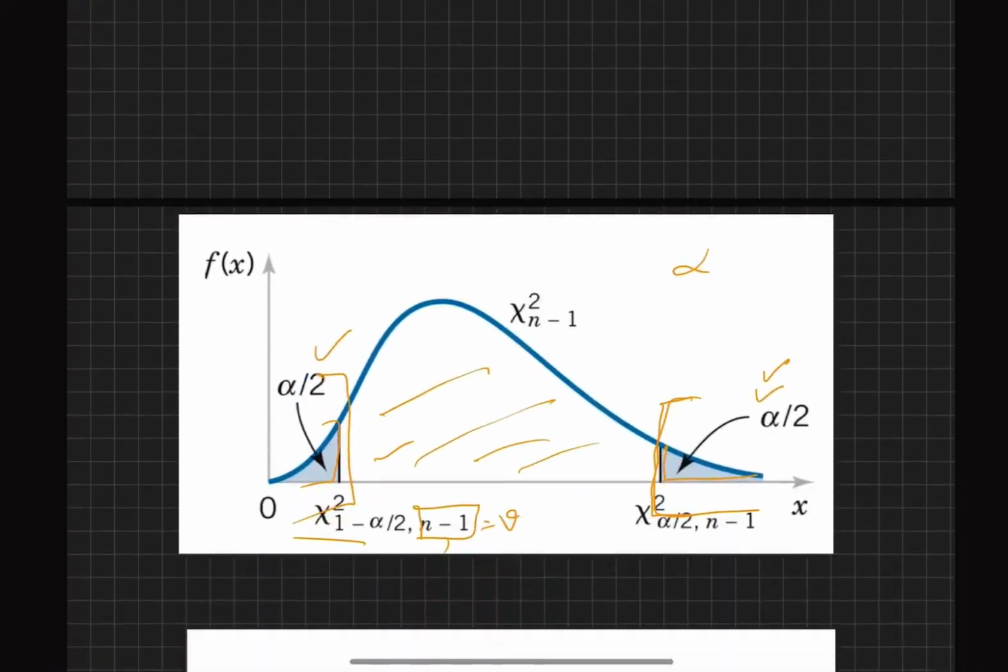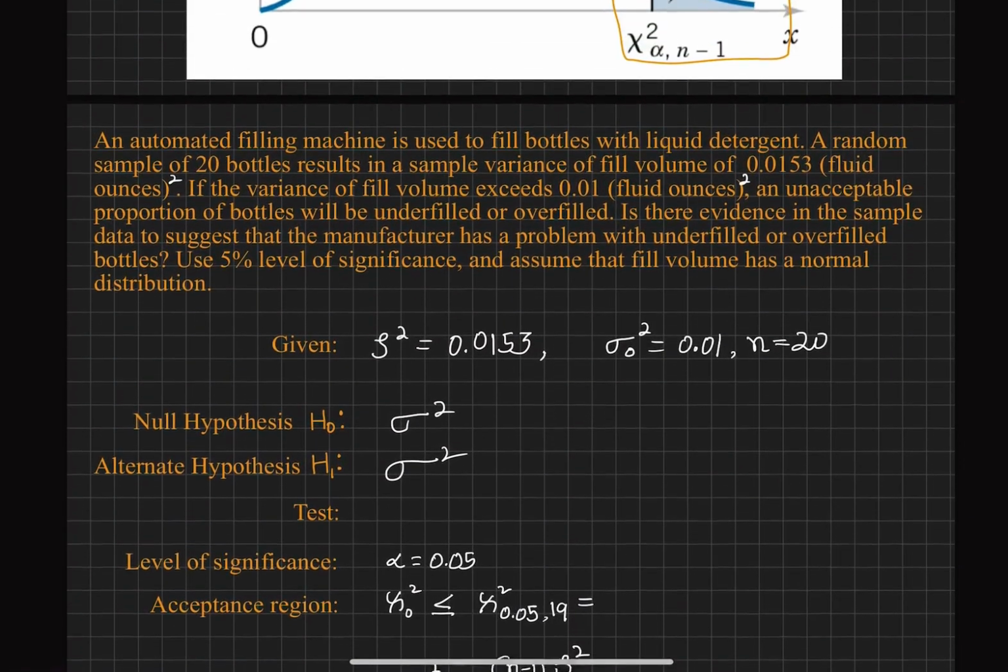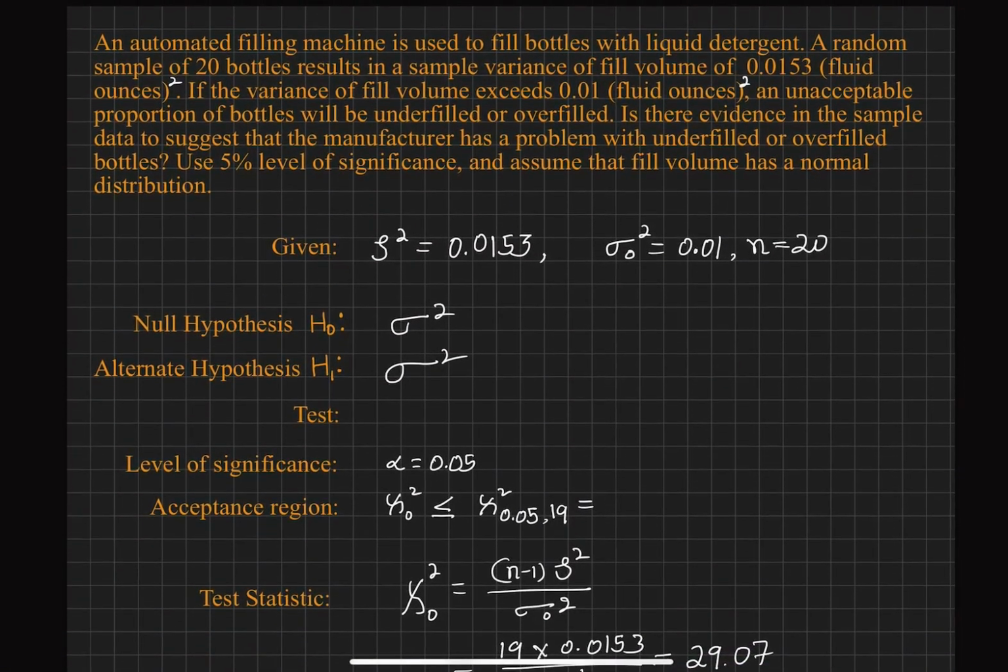Now let us discuss this theory with a problem here. Let us consider this problem. An automated filling machine is used to fill bottles with liquid detergent. A random sample of 20 bottles results in a sample variance of fill volume of 0.0153 fluid ounce square.